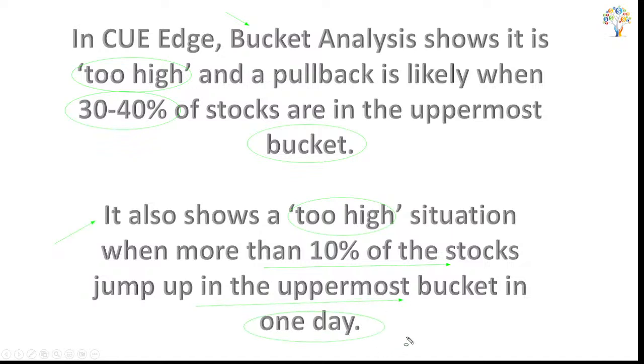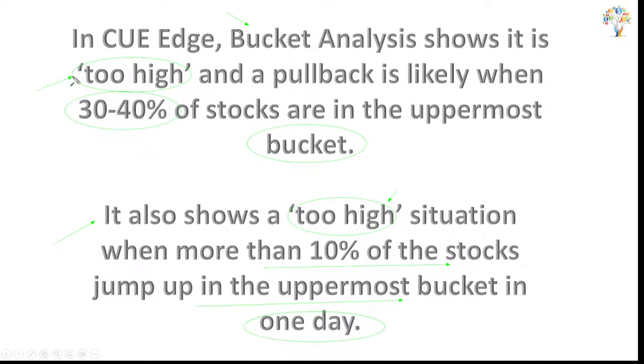So if one day earlier the percentage of stocks in the uppermost bucket, for example, was 5%, and next day it becomes 20%, it jumps up by more than 10%, 15% in this case, then it is too fast a move, too sudden a move, and that also signifies too high.